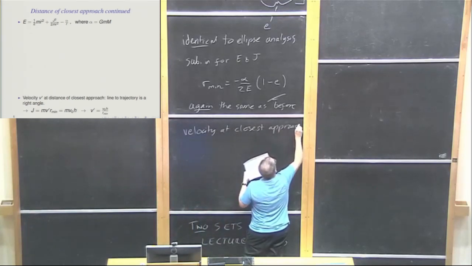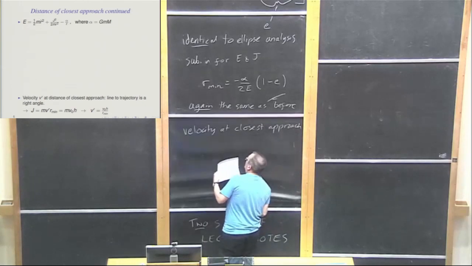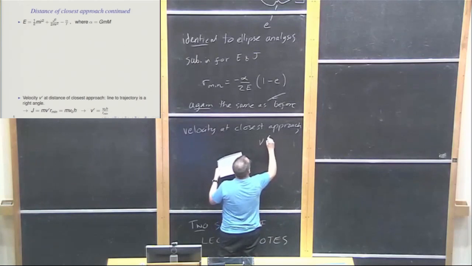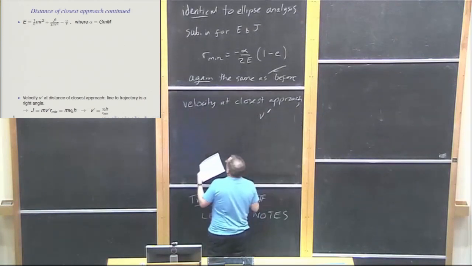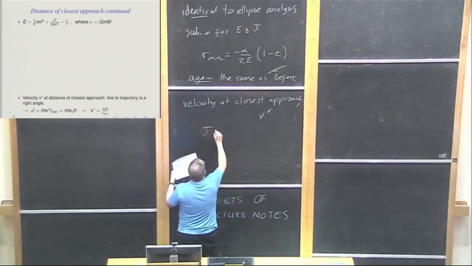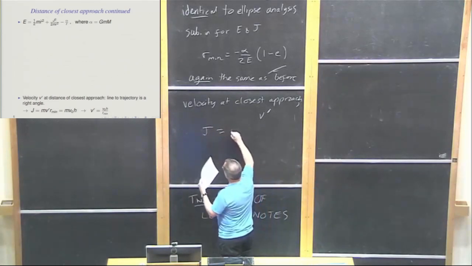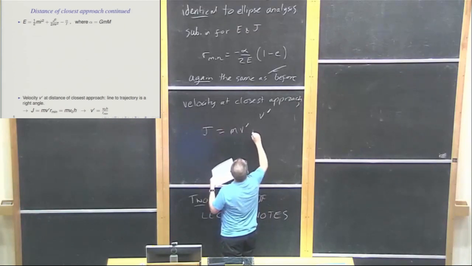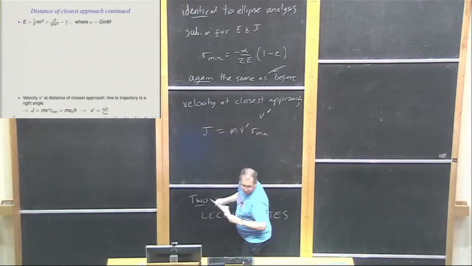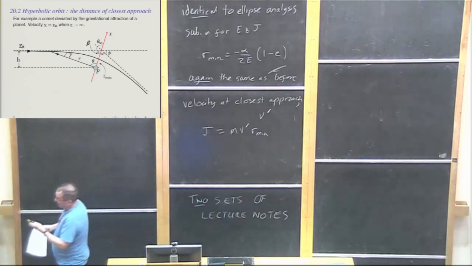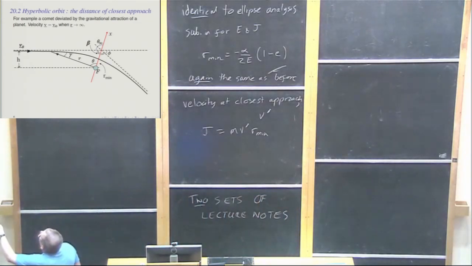and that is just through using conservation of angular momentum. Let's say the velocity at closest approach is v prime, and we know that there the angular momentum will be j equals m v prime r min. Let's just look at the diagram again to see why that should be so. This is the point of closest approach, the perigee, at a distance of r min.